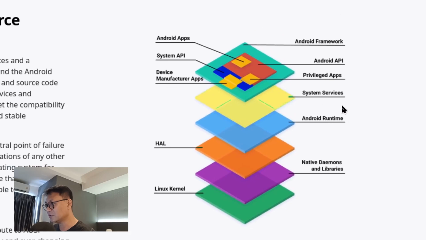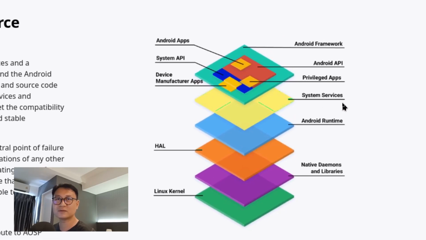As you can see, we have our Linux kernel right here. Oh, there's a train coming. The Linux kernel is at the bottom, which is the base of our operating system, because every operating system is based on some kind of kernel, and the kernel is actually Linux. That is why we call it a Linux based operating system, because we are using the Linux kernel as the base of our operating system.